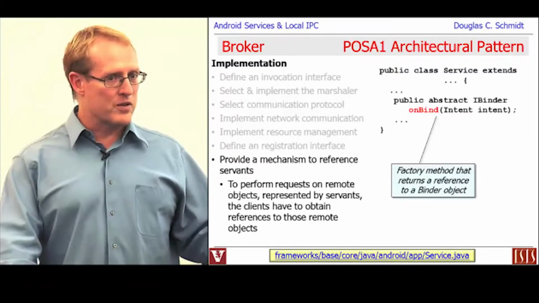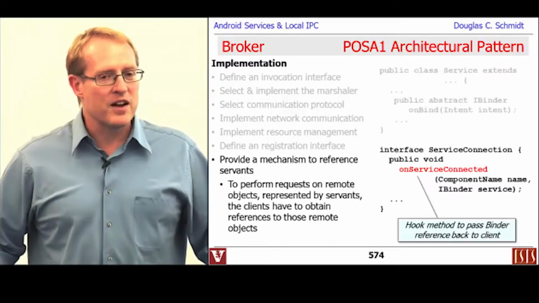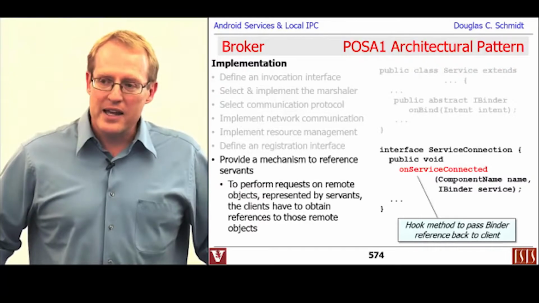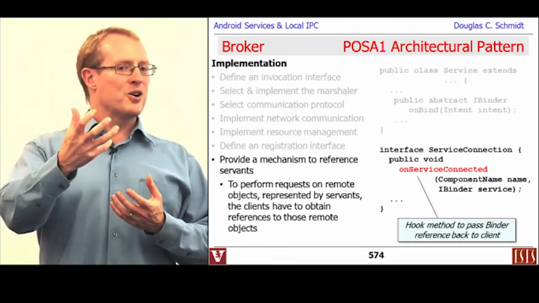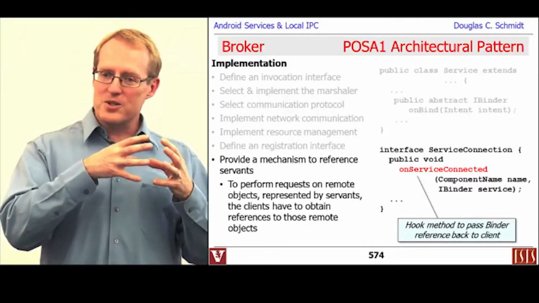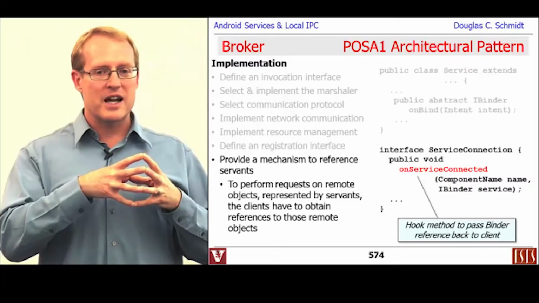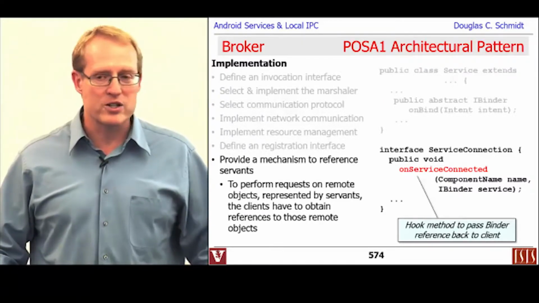And you can take a look at the service interface to find out more about that. The other thing that is defined on the client side is a hook method called onServiceConnected to get this binder back from the server or the service and then stash it away someplace on the client side so it's available for being used to invoke these two-way operations or one-way operations later.